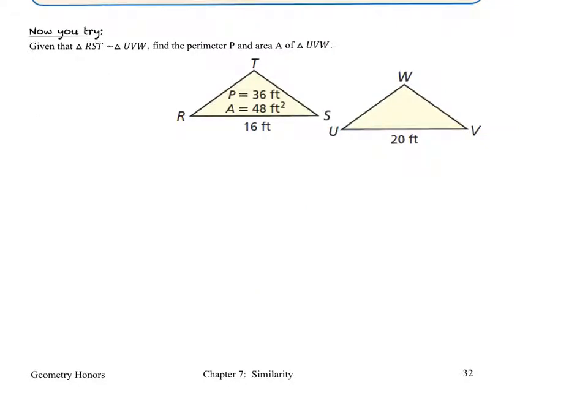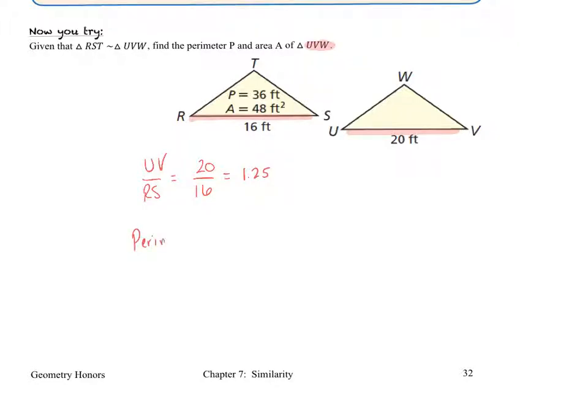Okay, for the now you try. Remember, we're looking for the UVW. So I know RS and UV, so I'm going to take UV over RS, which is 20 over 16, 1.25.